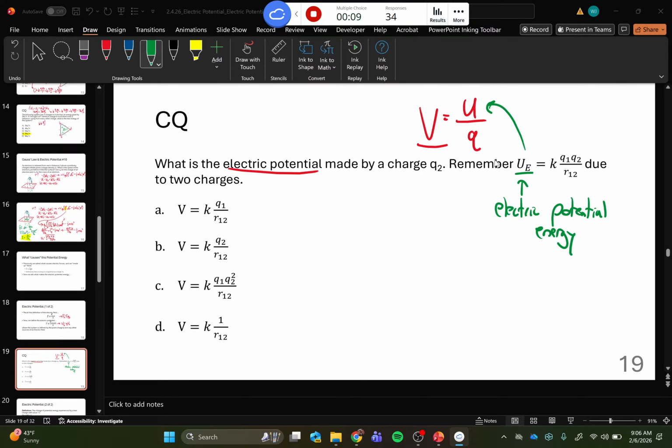All right, so which of these is the potential made by charge Q2? Is it K Q1 over R, K Q2 over R, K Q1 Q2 squared over R, or K over R? This little R12 is just the distance between charge 1 and charge 2.